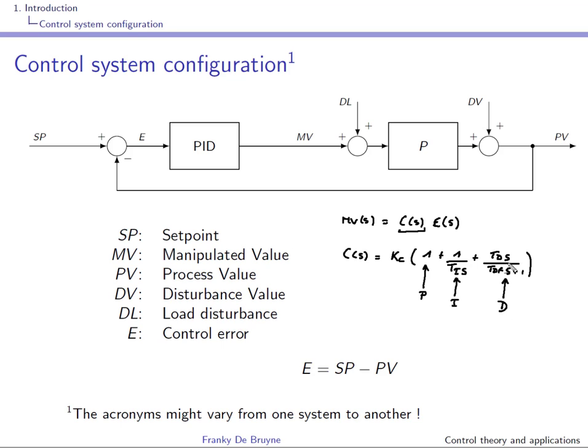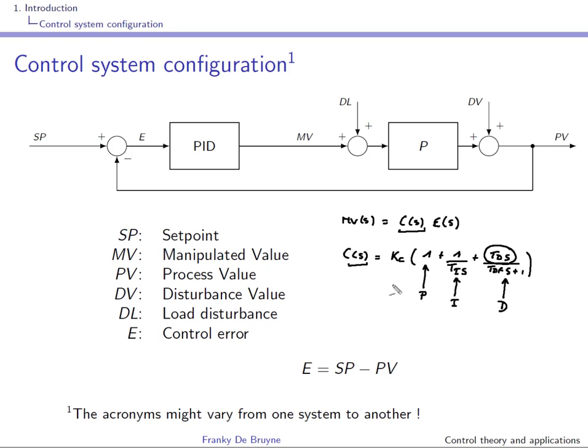If you concentrate on the numerator over here, you can see indeed that we have a derivative action. So in the beginning of the course, we'll simply write C(s), because we have not yet talked about the PID controller, but later on in the course, C(s) will become this transfer function over here.